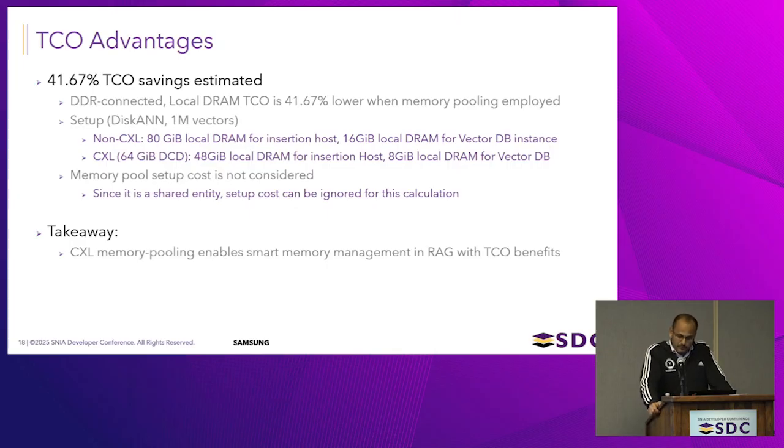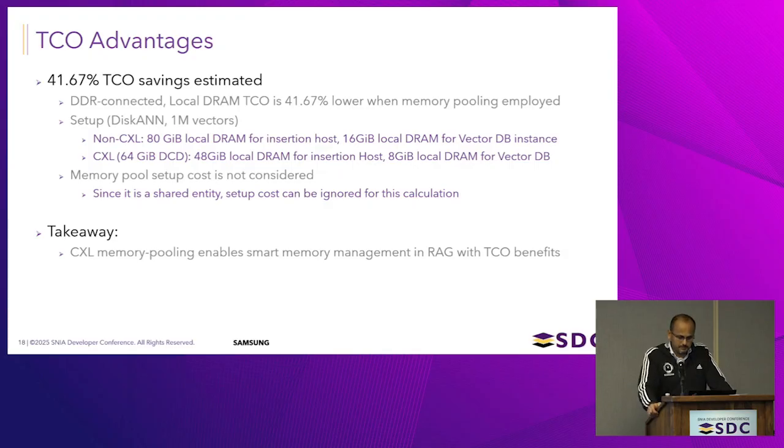When we apply pooling, it could be brought down to 48 GB from 80 GB for the insertion host, and 8 GB for the vector DB, from 16 GB to 8 GB. Also, for this calculation, we have not considered the setup cost for the memory pool. We assume that it can be ignored if the solution is deployed in a large-scale fashion.